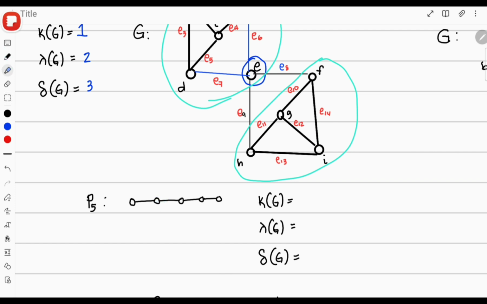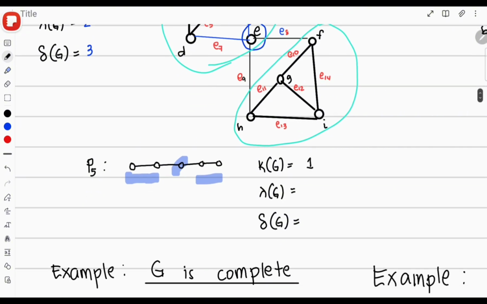We can remove this one, and we can have two components, the trivial one and this one. Also, we can use this one, but not the first and the last, because the graph will not be disconnected. So okay, let's just use this one, so we have P2 and P2. So our kappa of G is equal to 1.